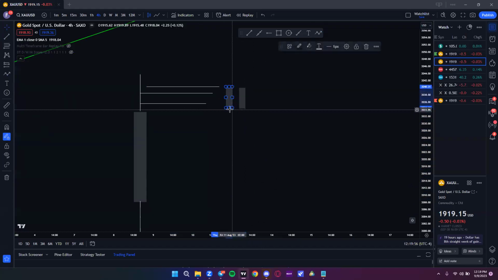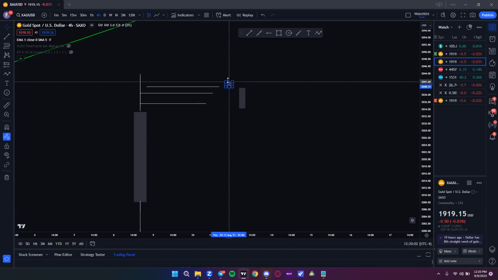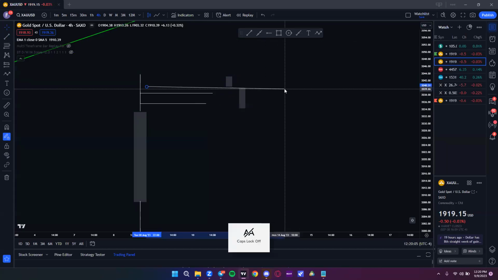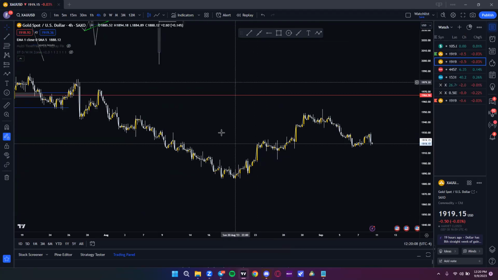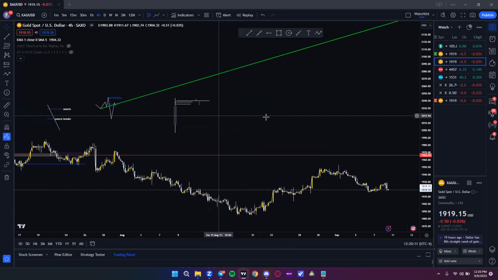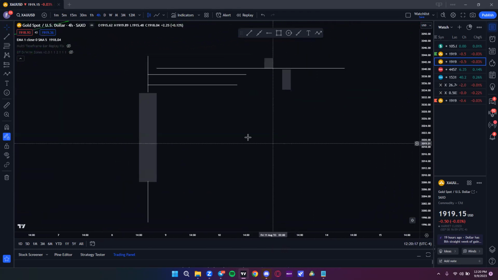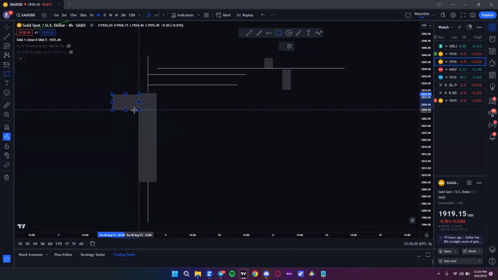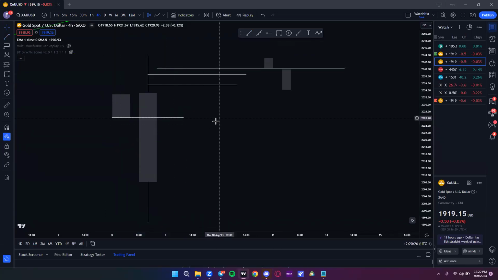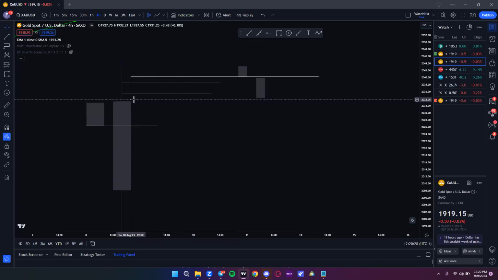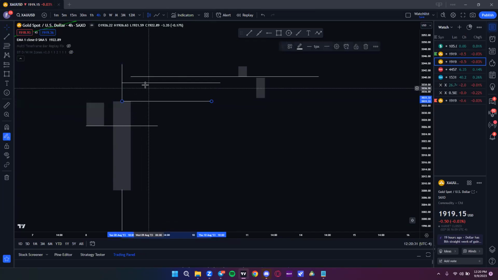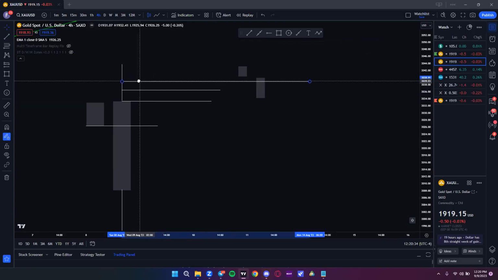Let's say this is a daily decision level here, and within this daily level you're going to have those lower time frame decision levels.